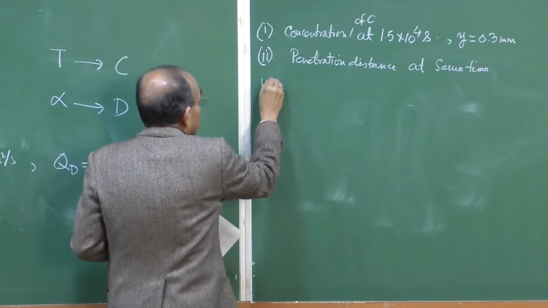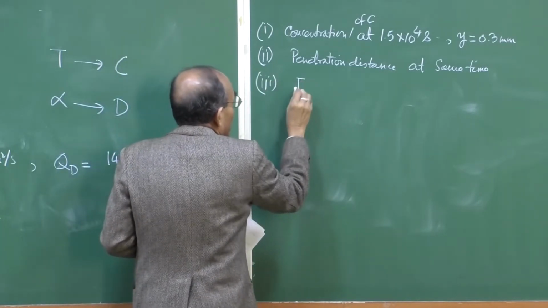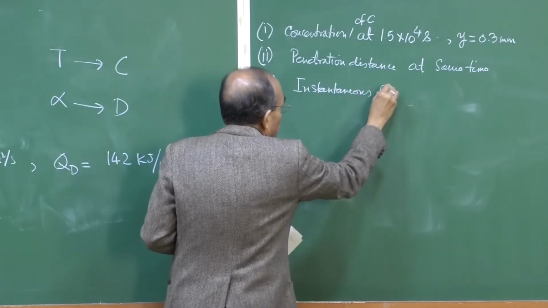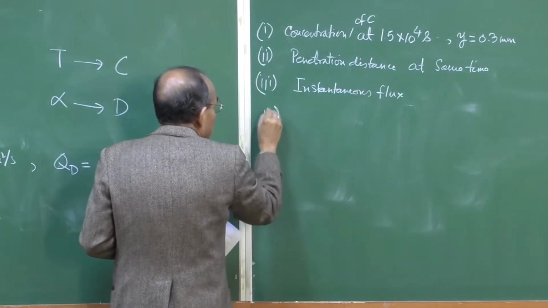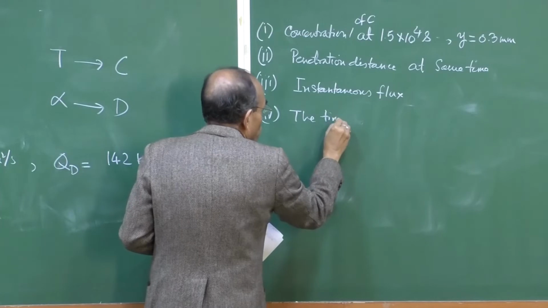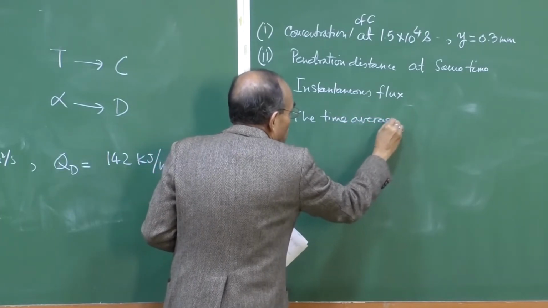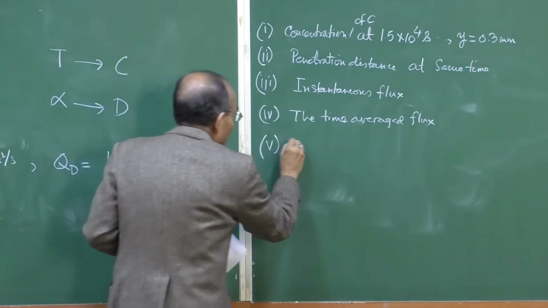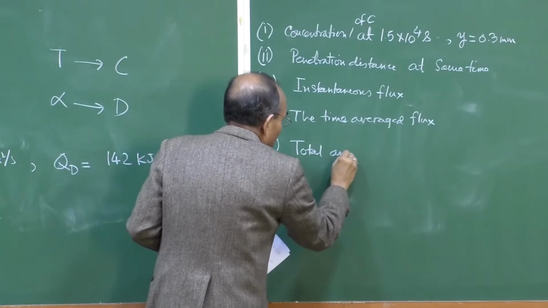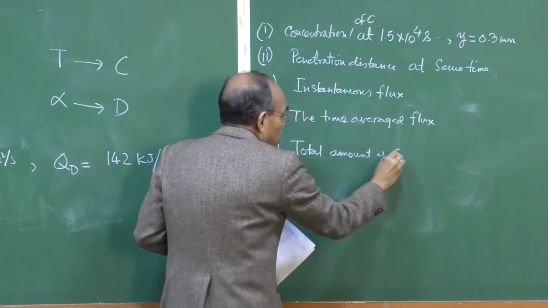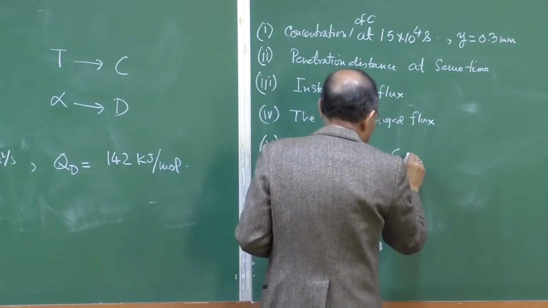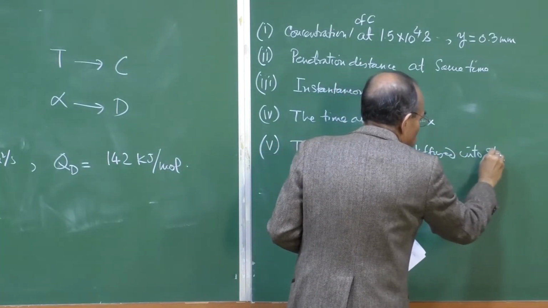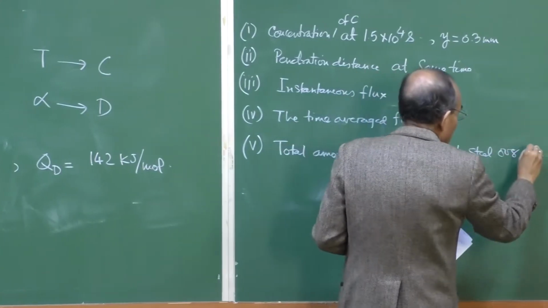We want to calculate the instantaneous flux, we want to calculate the time average flux, and number 5, we want to calculate the total amount of carbon that has diffused into steel over 1.5 times 10 to the power 4 seconds.